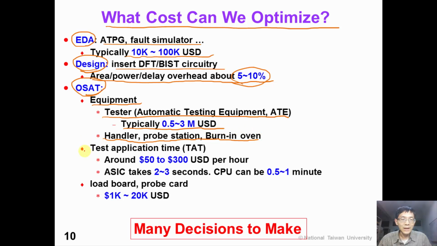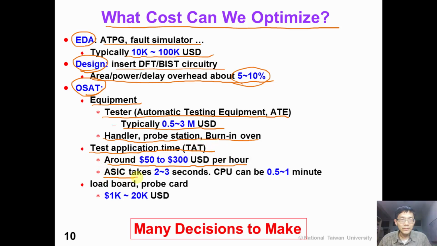From the user side, we need to rent a tester from the OSAT company. The price is charged according to the test application time. Typically, it's around $50 to 300 US dollars per hour.